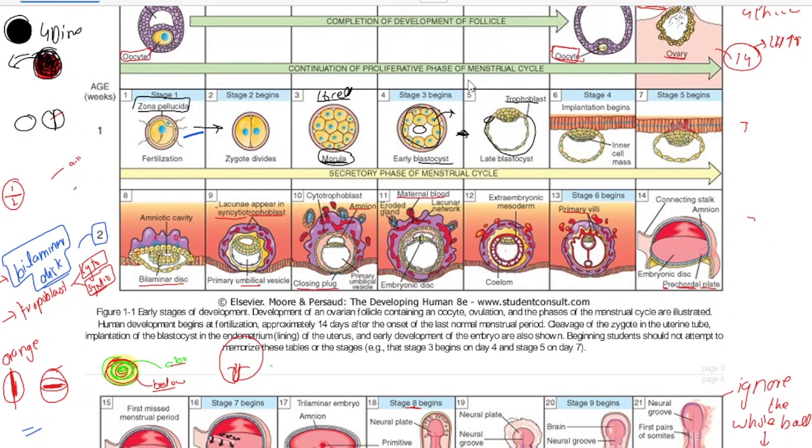They are covering all sides, just like a ball. And now see that in some space there is an inner cell mass. There is a mass of cells that is called the inner cell mass. And on the covering of the ball, there are cells that are called the trophoblast.